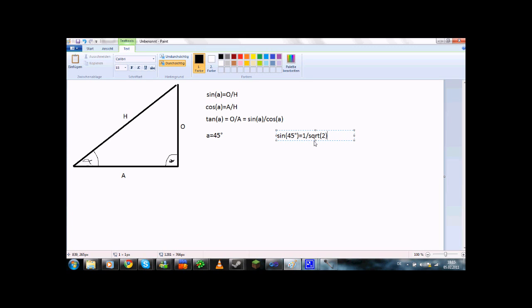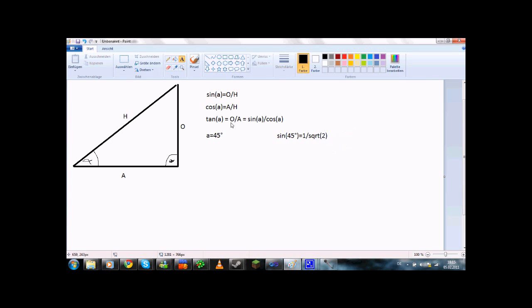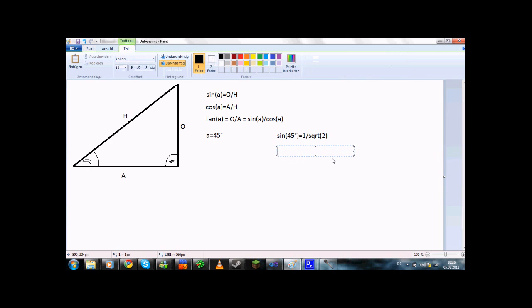You can derive that directly from Pythagoras. Anyway, the cosine is the same. So what we know is A and O have the same length because their sine and cosine are the same value. And then we know that tangents of 45 degrees is 1 because A and O are the same.